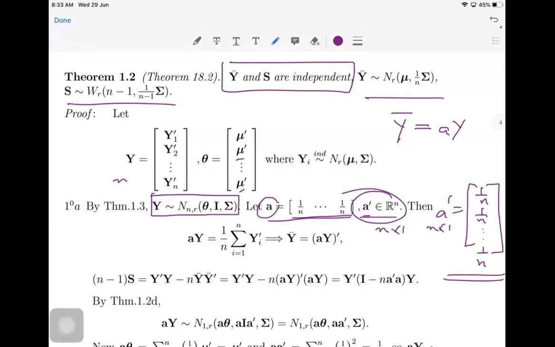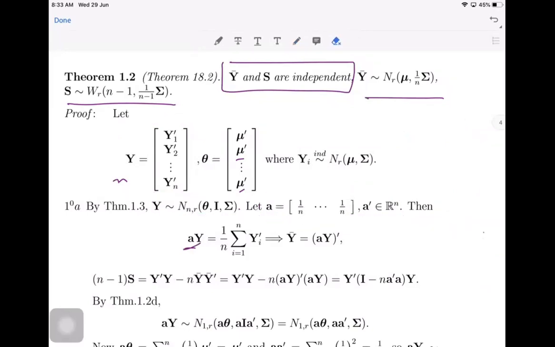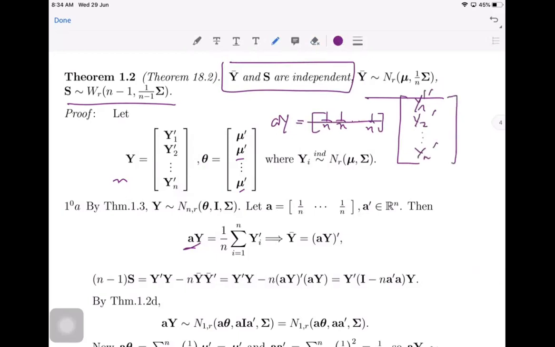So what happens here is, since this is your y prime multiplied by this term here, it will be something like this: 1 over n, 1 over n, 1 over n, and then prime, multiplied by y1 prime until yn prime. So multiplying that, you will have 1 over n y1 prime plus 1 over n y2 prime, and so on and so forth.